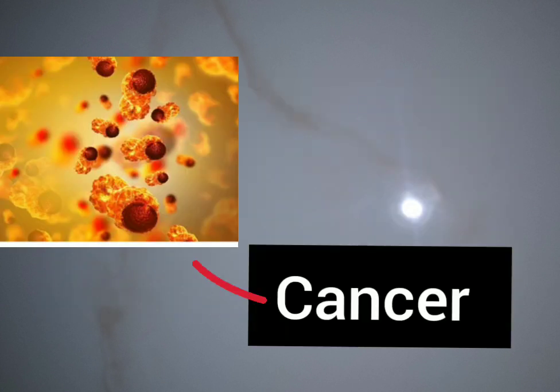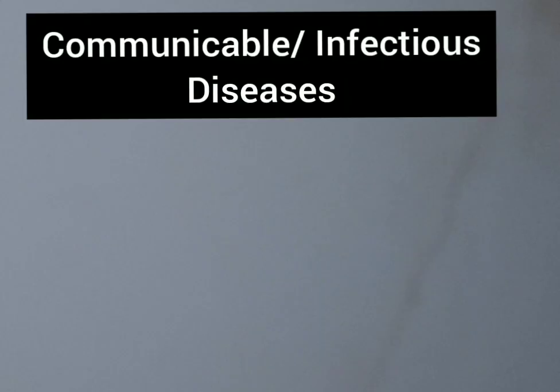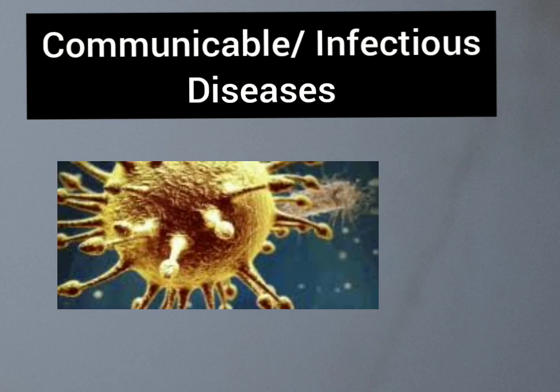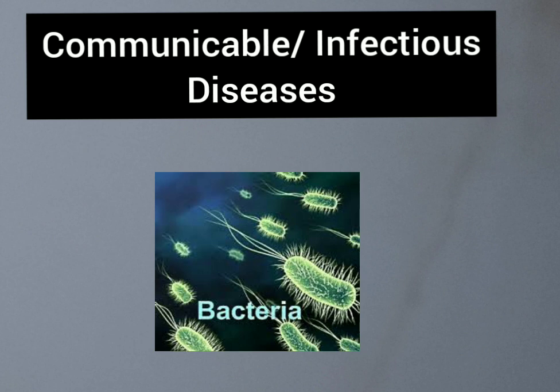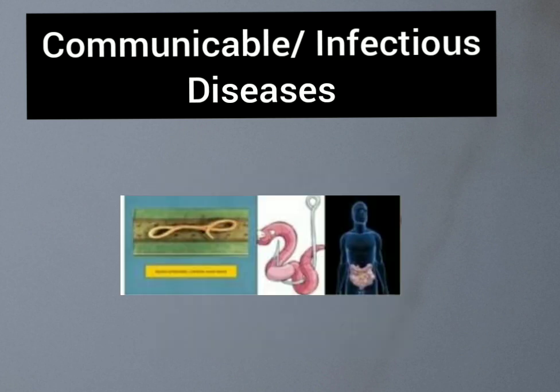Examples: cancer and deficiency diseases. The communicable diseases are caused by pathogens like viruses, bacteria, fungi, helminth worms, etc. All the disease causing organisms are called pathogens.